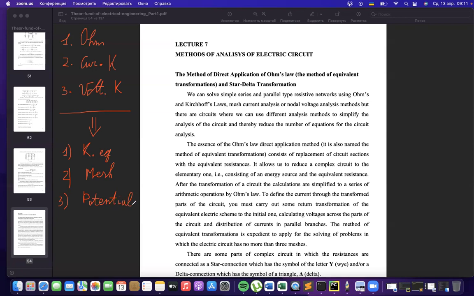It is grounded on finding the electrical potential, the energetic characteristic of a point, for all nodes of our system. These were the three main methods.